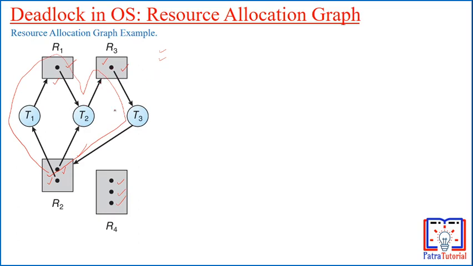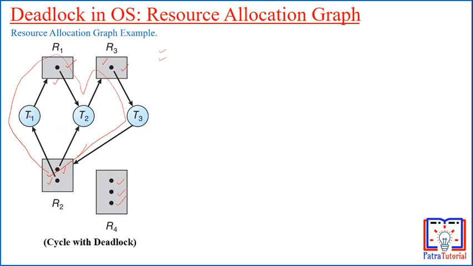Okay, then now preemption. Since this resource allocation graph has one cycle, we can say it is a circle of waiting processes. Then we can say this is in a deadlock state, because T1 will not release R2 until it gets R1, and T2 will not release R1 until it gets R3, and T3 will not release R3 until it gets R2, and T1 will not release R2 until it gets R1.